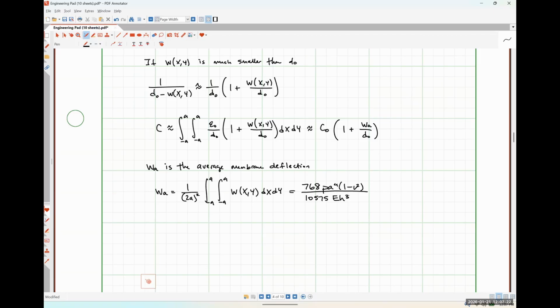If I change the limits of integration from negative a to a and negative a to a, to 0 to 2 pi and 0 to a, it's still just going to give me the area. So we get an average membrane deflection of P a to the fourth power times 1 minus nu squared all over 16 E h cubed for a circular membrane.